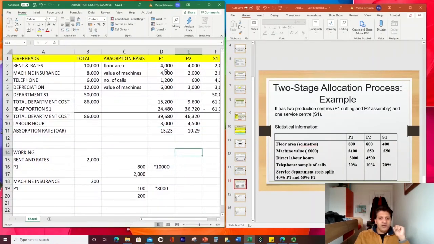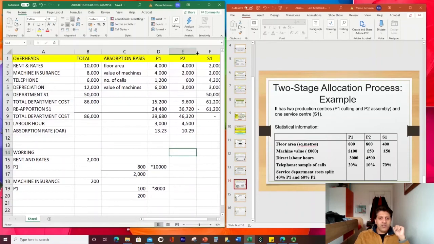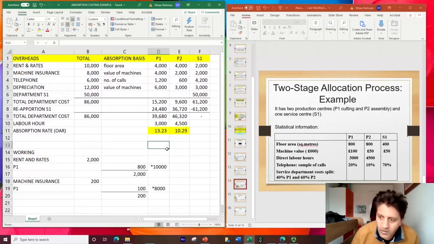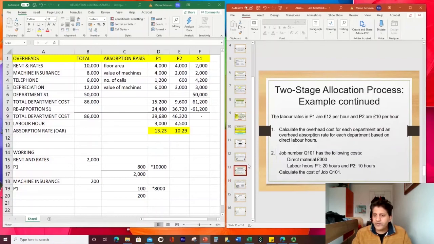All right, so we are done. So this was the ultimate objective of this exercise. We have done requirement 1 of the question, which was to calculate the overhead cost for each department and an overhead absorption rate for each department based on direct labor hours.